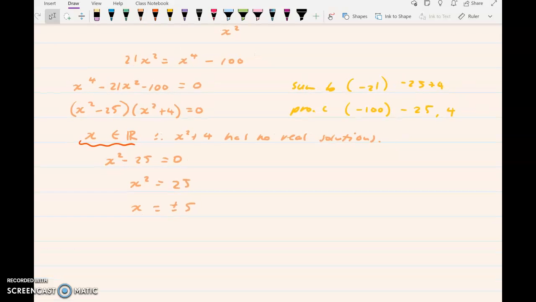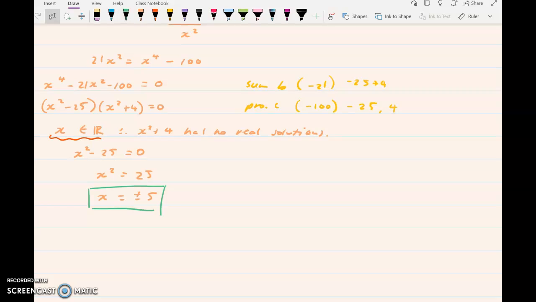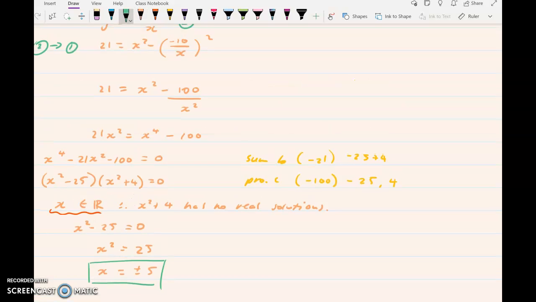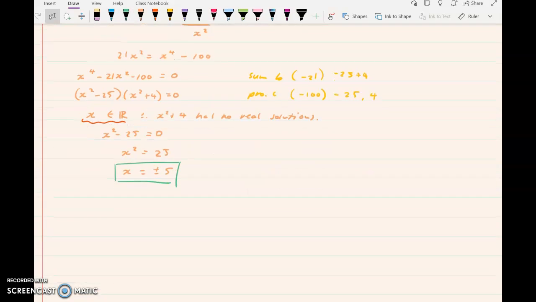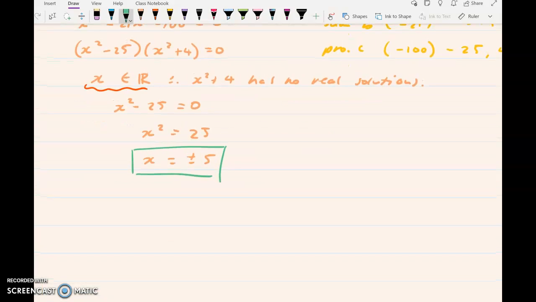Okay, they're my x values. I usually like to highlight, and then I'll highlight my y values, but I'm still going to write a concluding statement saying therefore x equals this and y equals this. So I'll substitute both of those into equation 1 or 2, whichever one's easiest. Equation 2 is probably simple. So I'll substitute x equals plus minus 5 into equation 2.